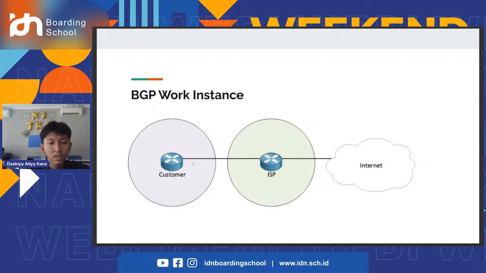And as the customer connects to the ESP with the BGP routing protocol, the customer has the routing information from the ESP, and that is how the customer can deliver the request packet from the client to the internet. For sure, the request from the customer will be delivered to the internet from the ESP, and the customer has a relationship with the ESP because of the IPv4 public address that the ESP provides to the customer.